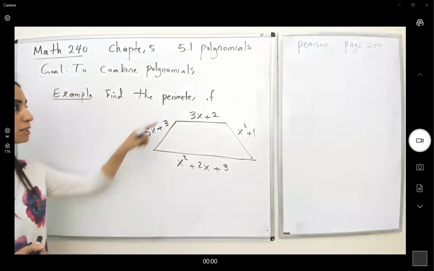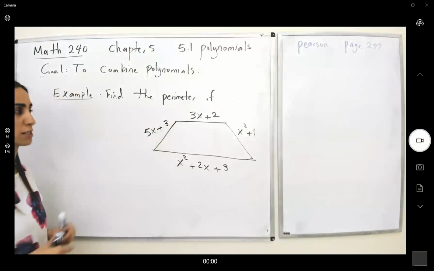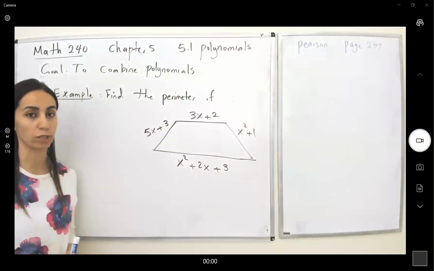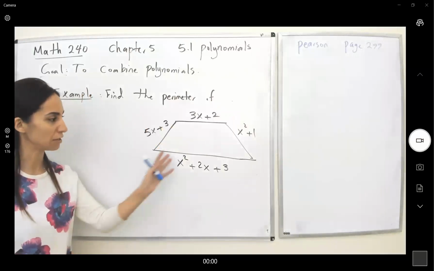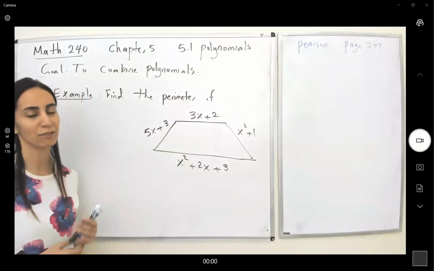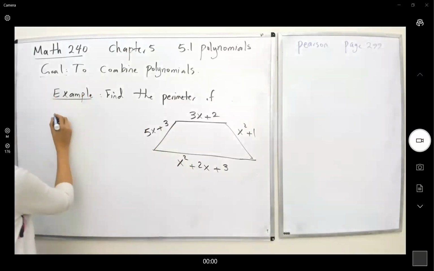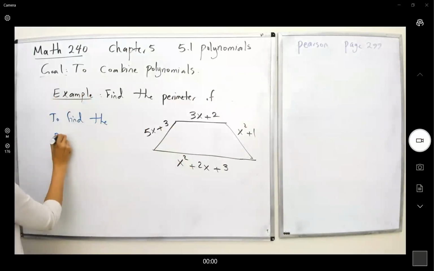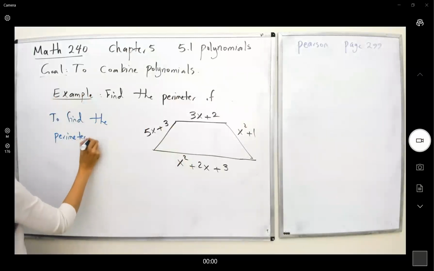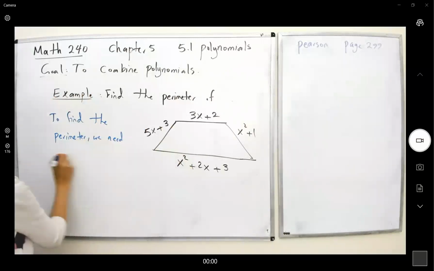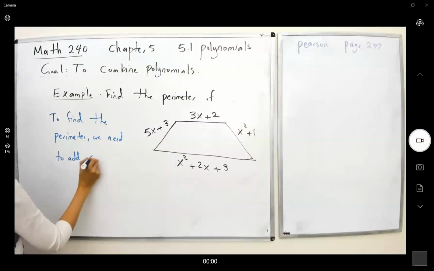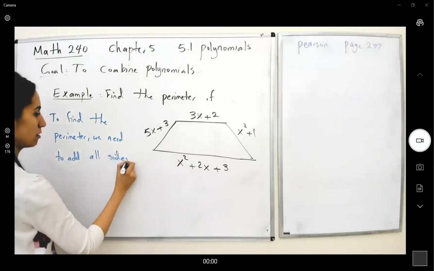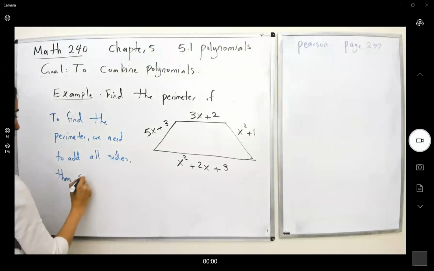Very well. The definition of perimeter, or the surrounding, means that you have to add all sides together, and in this case, if you can simplify that, we're going to do the same. So to find the perimeter, we need to add all sides, then simplify.